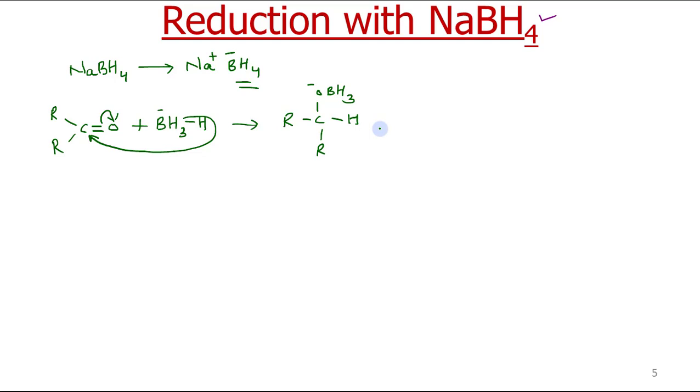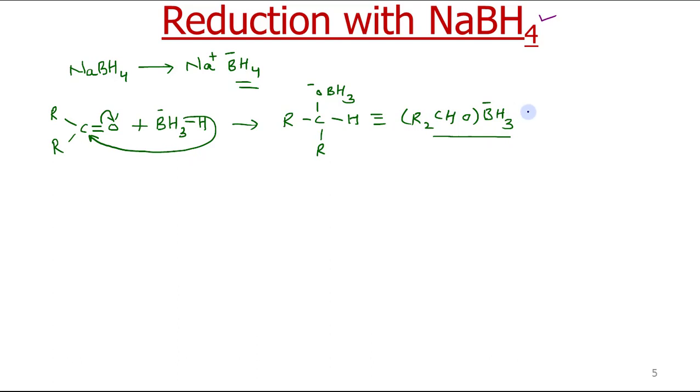We can simplify it as R2CHO BH3 negative, which can further react with a carbonyl compound.